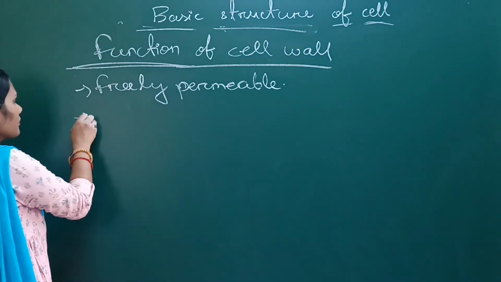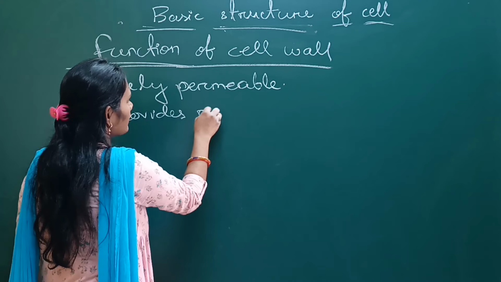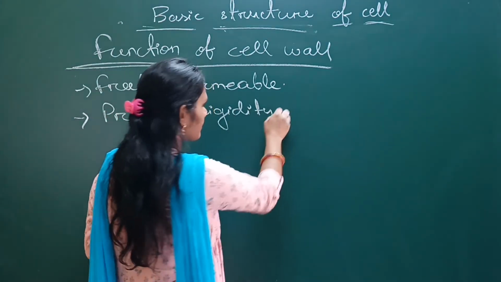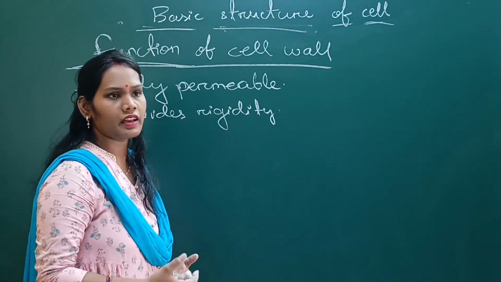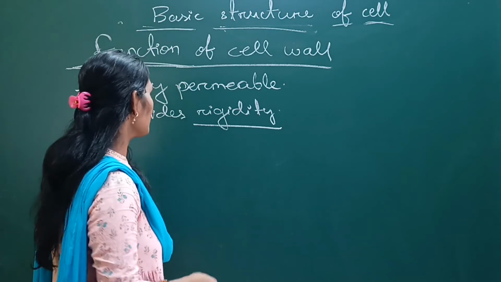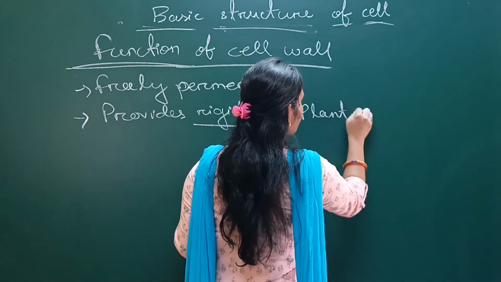Okay, then it provides rigidity. Rigidity means it is a hard type substance, like a hard surface. So it provides rigidity, and due to this rigidity, the plant cell has a definite shape.